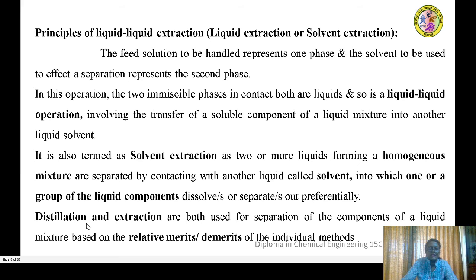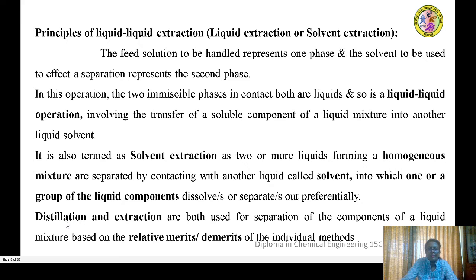That is because distillation is a single step operation, so it is relatively easier compared to extraction, which is a multiple step operation and quite complicated in comparison to distillation.